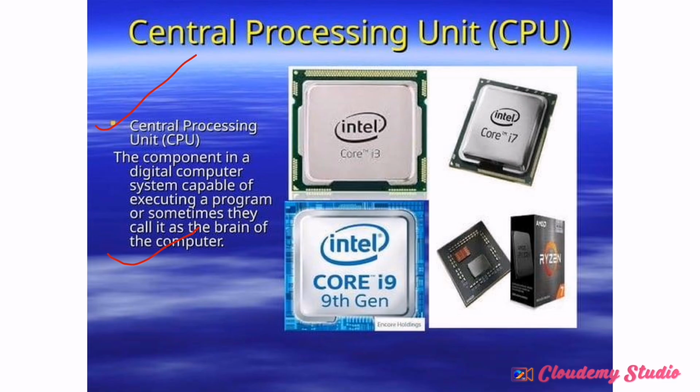So without the CPU, you do not have a computer, because that's the brain of a computer. It's more like a human being without a brain. It's just the name that this is a human being, but that person cannot function, cannot think, cannot do anything without the brain.